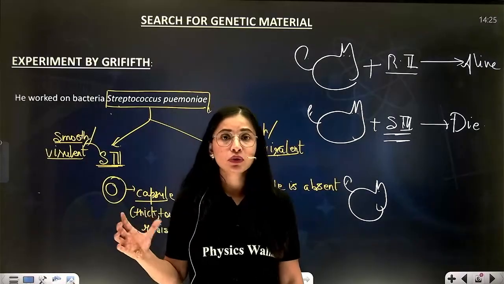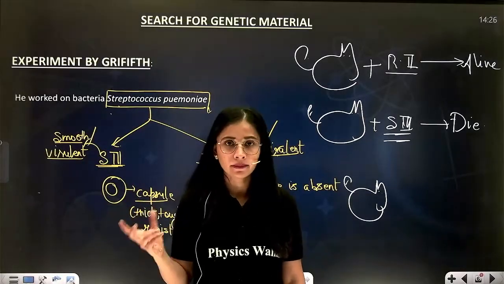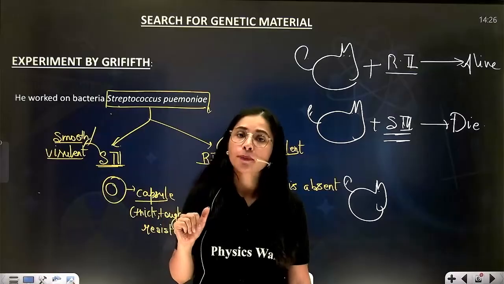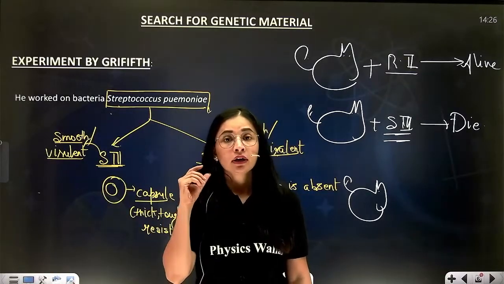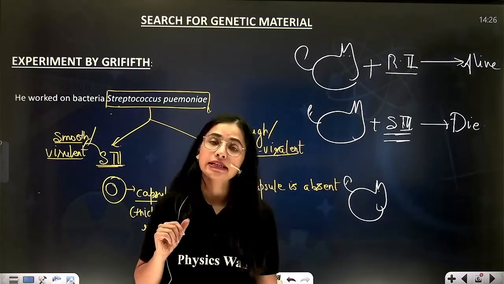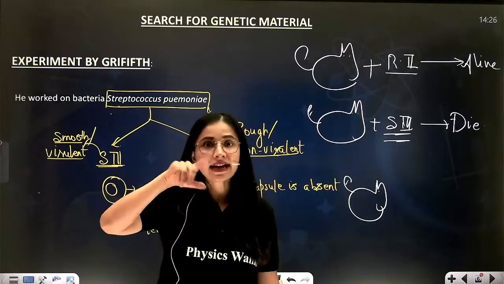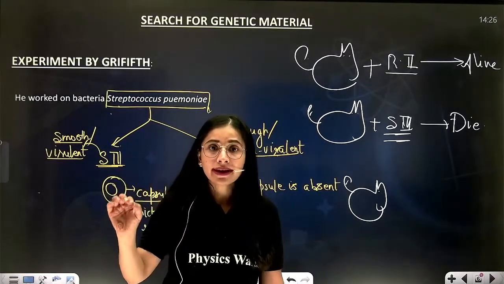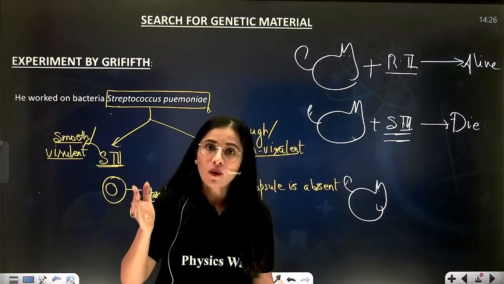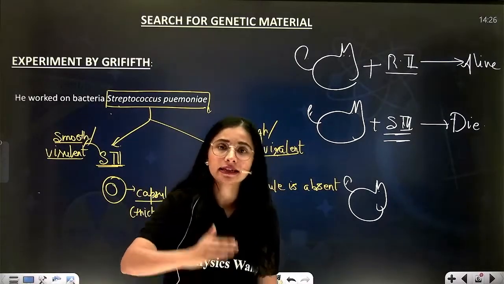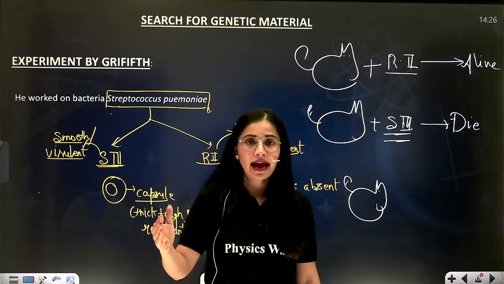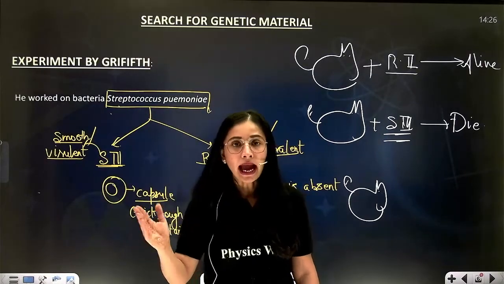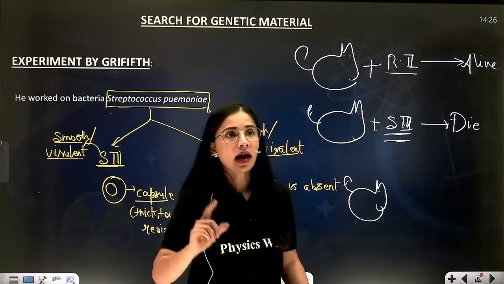Now the capsule is a mucopeptide layer, basically made up of protein. So when we give high temperature to the S3 strain, the capsule gets denatured. If the capsule gets denatured, then S3 will start behaving as R2 and the mice will be alive.